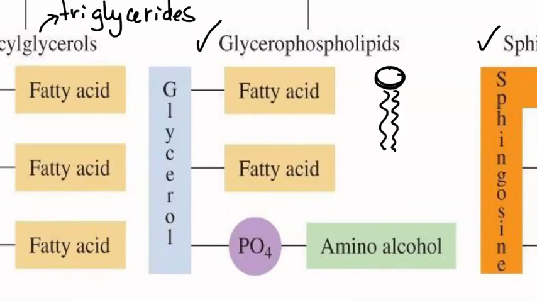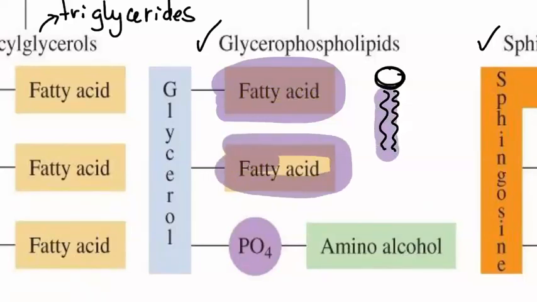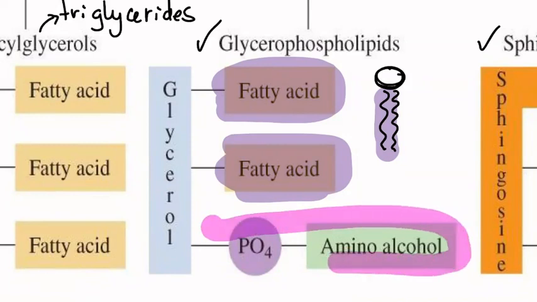So if I try to utilize colors to represent what the circle means and what the 2 tails mean, the fatty acids are going to be the tails, okay? And then the circle that we see is going to be specifically this area of the molecule, that phosphate and that amino alcohol. That's what is represented by that circle, okay?